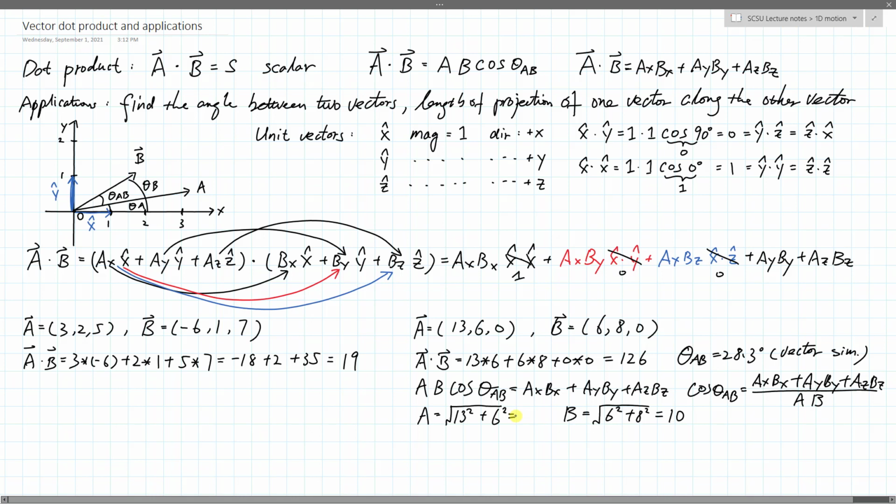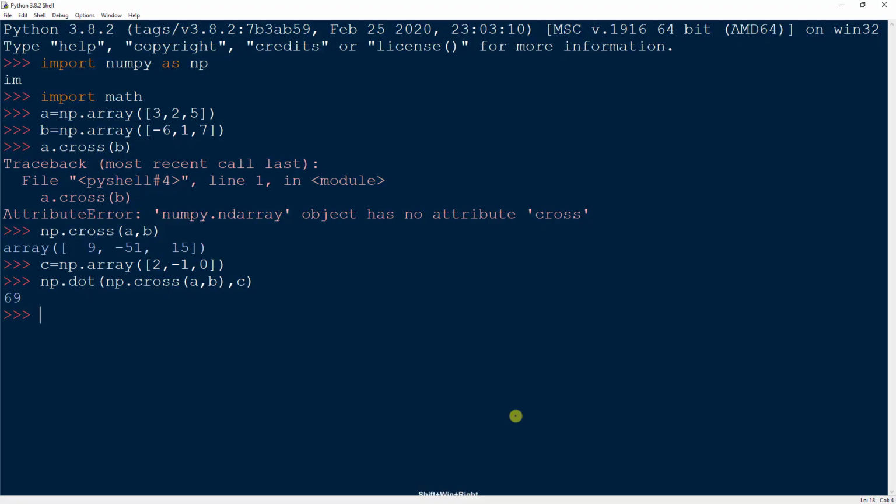So let's see what we have here in terms of Python. Okay, so I'll bring Python over. To get the magnitude of 13 and 6, we'll do this: 13 squared plus 6 squared, and then raised to the power 1/2.